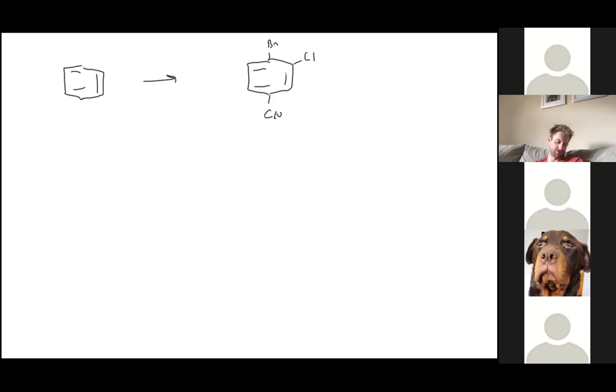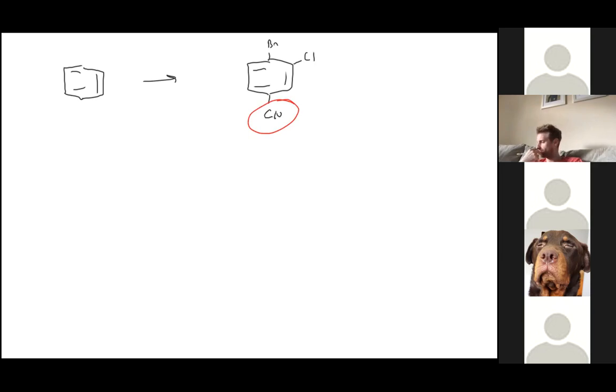Yeah, so there's a couple of different ways to do this first one. I'm going to go through one pathway. You might find a different one that works well also. I'm going to act like I'm going to add this nitro group first here.